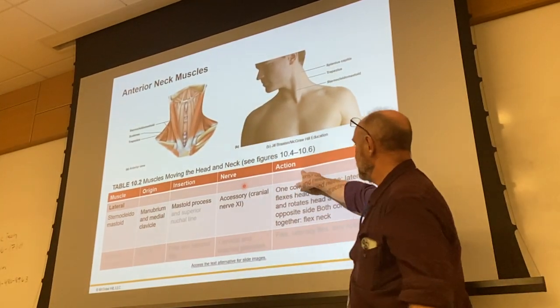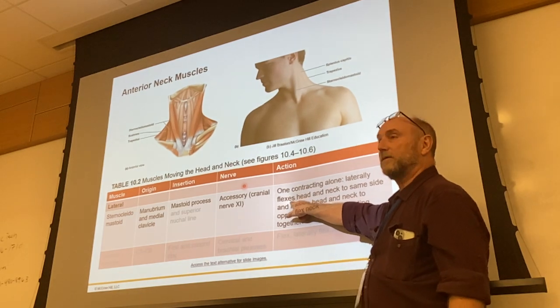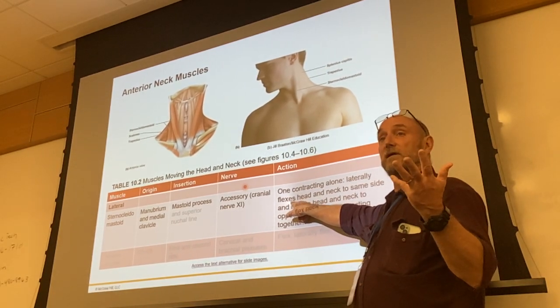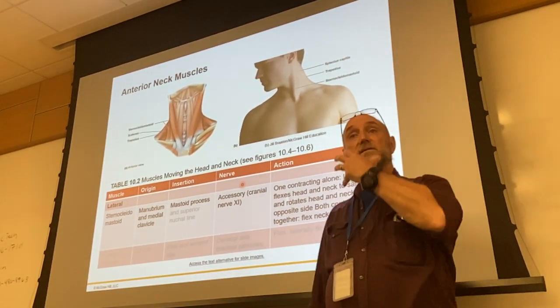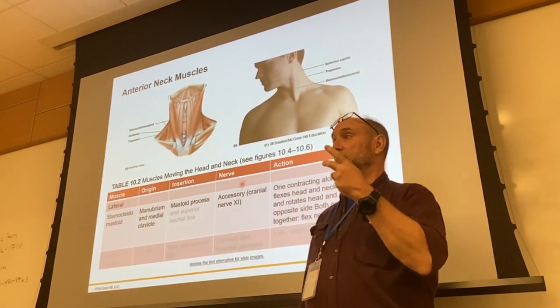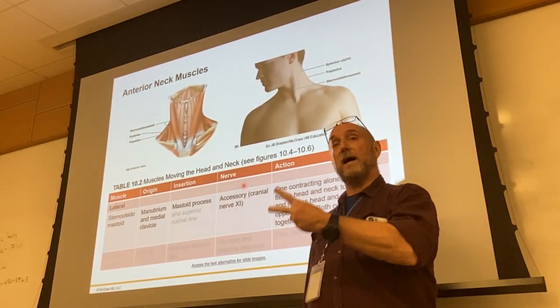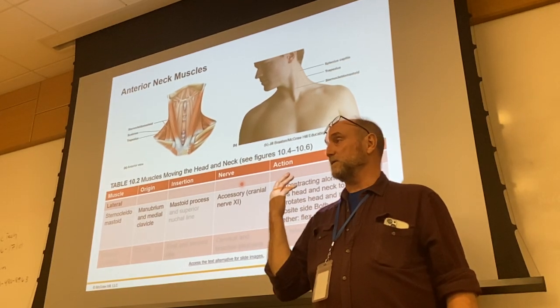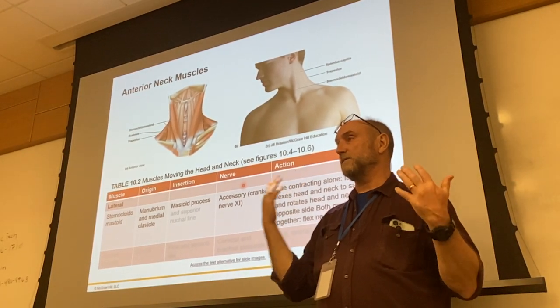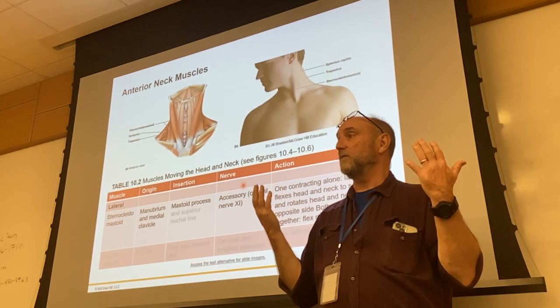So the action here is laterally flexing the head, and this is another example, especially of muscles down the midline. They can work unilaterally or bilaterally. My right biceps muscle isn't going to work with my left biceps muscle unless I want to produce the same movement in both arms.